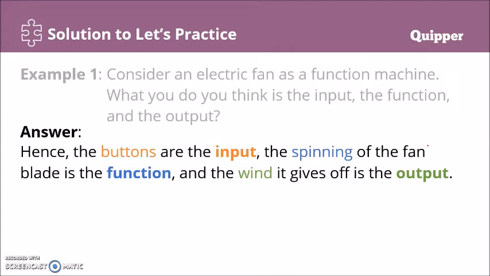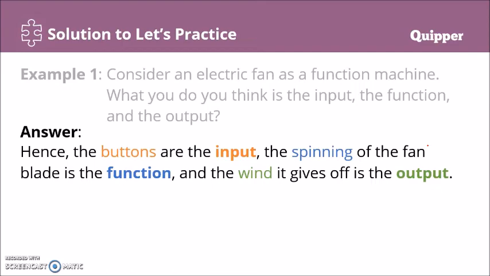Okay, so if you press on 1, that's the input. Okay, so the spinning of the fan blade depends on the input. Okay, so kung 1 lang siya, it's at minimum level. So ang spin ng fan, minimum lang din. So the output, which is the wind that it gives off, will also be at minimum. Okay, so hindi masyadong malakas.